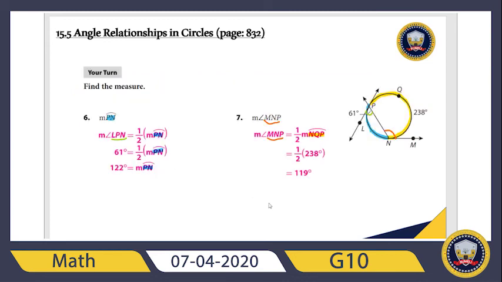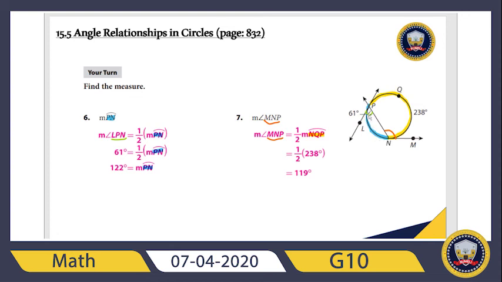Alright, so I'm going to simplify the example by putting these beautiful colors for you. So what is PN? This is the blue one. Now I'm applying the theorem. So the measure of the angle LPN, this one, will be equal to half of the arc PN.